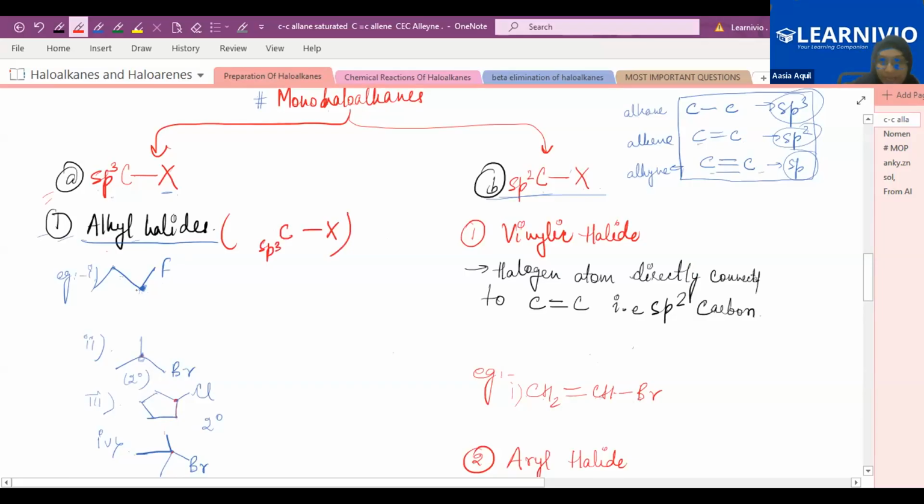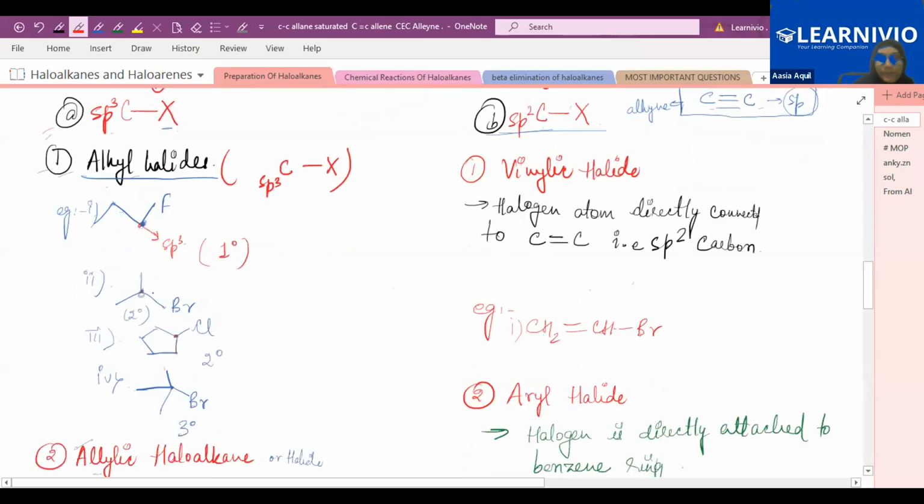The fluorine is attached to this carbon; check the hybridization state. It's sp3. And what is the degree of this carbon, whether primary, secondary, or tertiary? Primary. It's a primary alkyl halide.